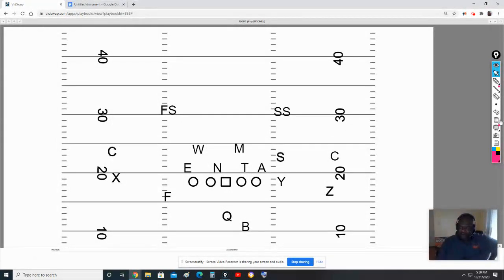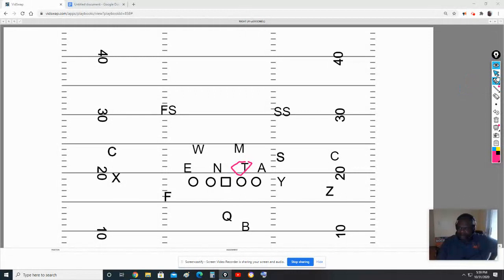Okay. Remember, to the weak side, which is designated by the nose tackle, we run zone. Okay. Coming back to the strong side, which is denoted by the three tech, we'll run counter.